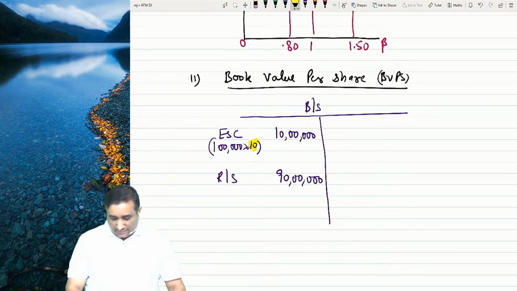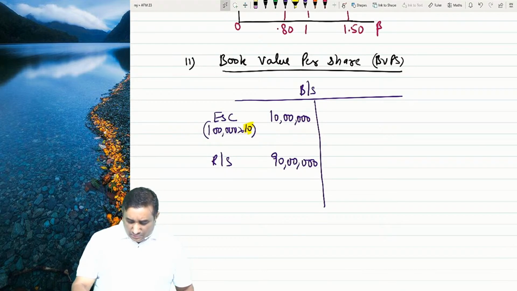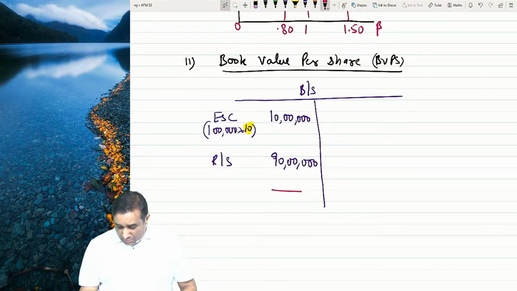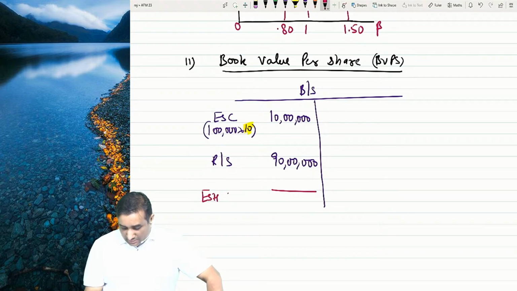Now let's come back. Remember that word. The objective was to explain something to you. The total is known as equity shareholders' fund. This is what we call book value. How much does it become? 1 crore.